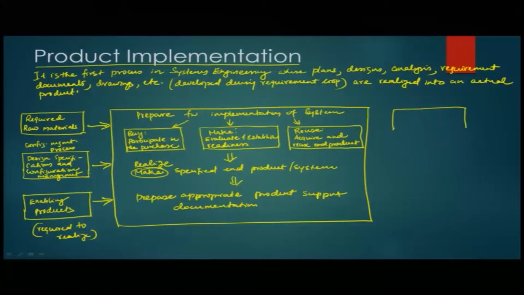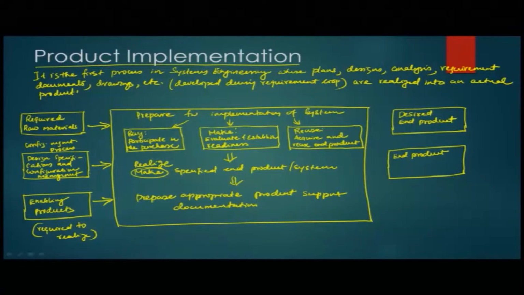And from there the output happens, we can draw it in three parts again. The first output is the desired end product. Then we also have another output, which is the end product documents and manuals.